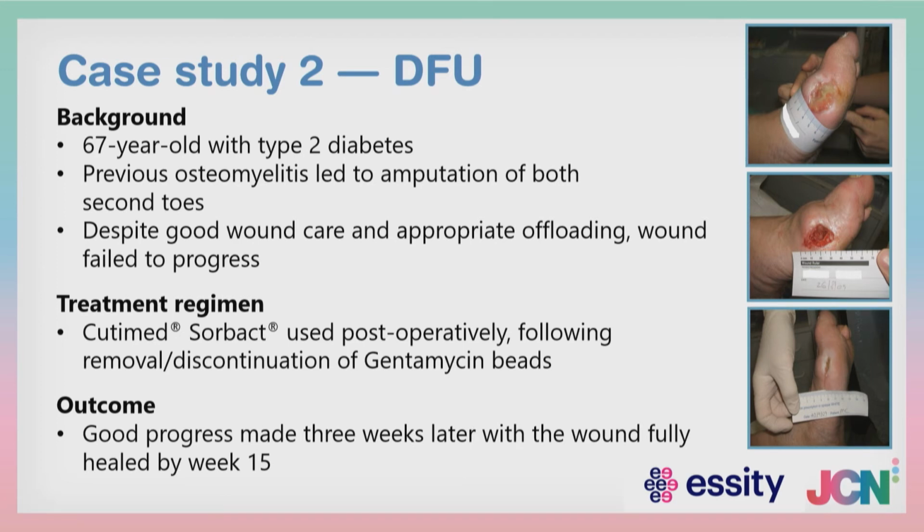So the treatment regime that was put in was Cutimed Sorbact, used post-operatively following removal and discontinuation of gentamicin beads. Now these are a string of antibiotic-loaded beads that are put in under surgery and then later can be removed. The outcome for this patient was that they made good progress, and 3 weeks later the wound was fully healed, and that was by week 15, so a really good outcome there.